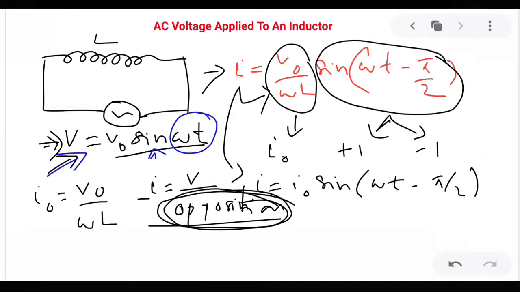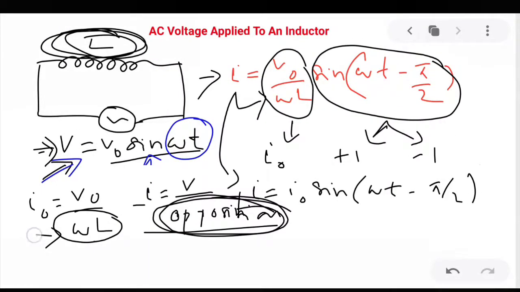Similarly here, this omega L is the term which opposes the current in a circuit with inductance L. So omega L represents the opposition term. This omega L is represented by XL.